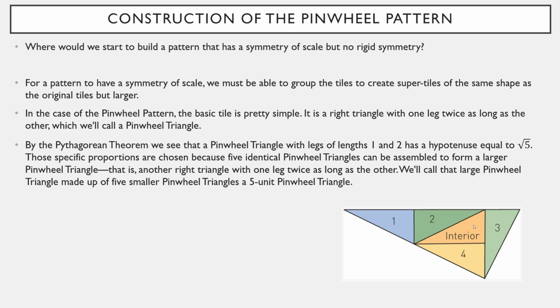Okay, so look, here's our first triangle. Remember, it has one leg 2, one leg 1, and the hypotenuse square root of 5. If you take this and build off it, using the same shape, putting tiles right next to each other, you can construct a new triangle.